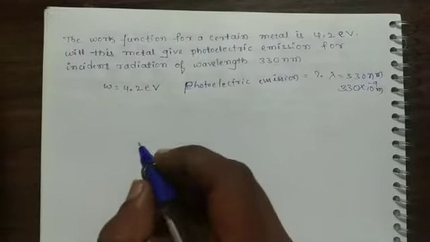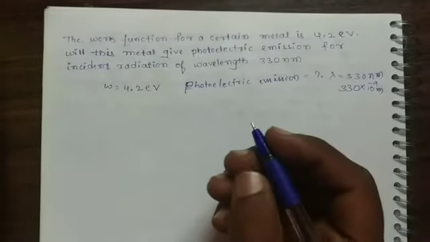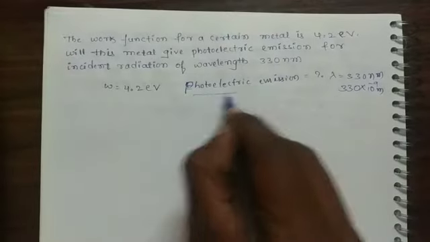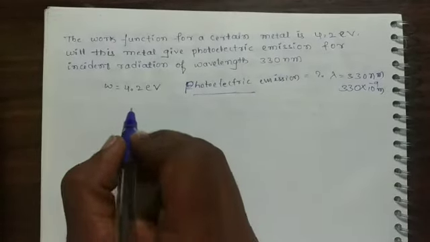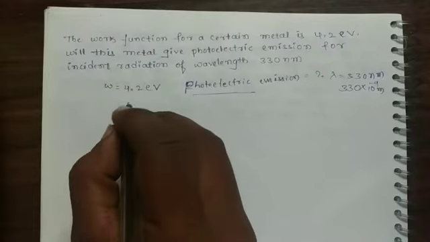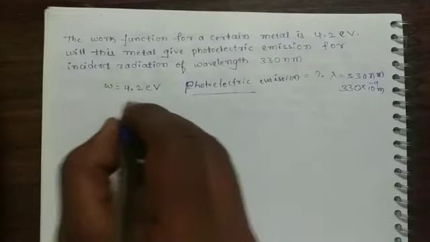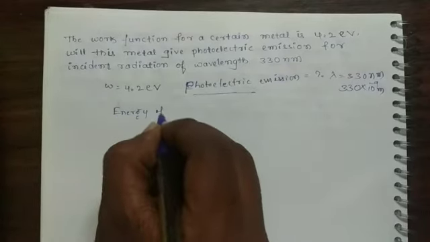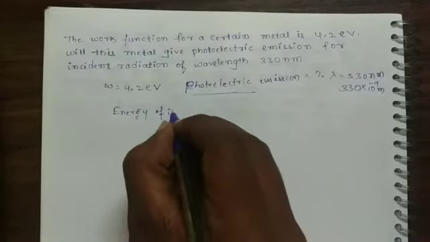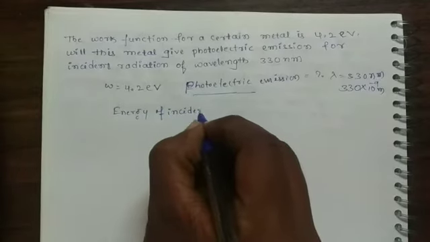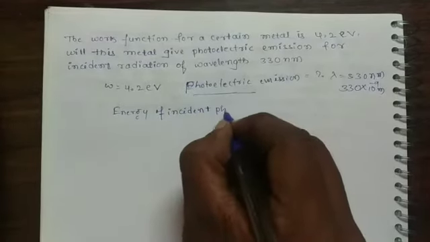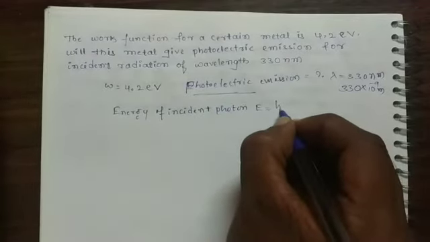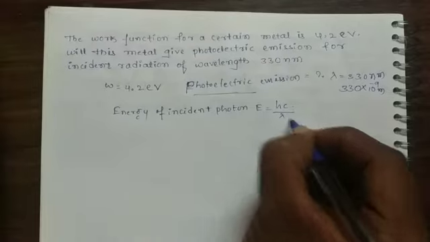Here we need the energy of the incident photon. Why? Because we want to decide photoelectric emission, which depends on energy. So the energy of the incident photon, E, is equal to hc divided by lambda.